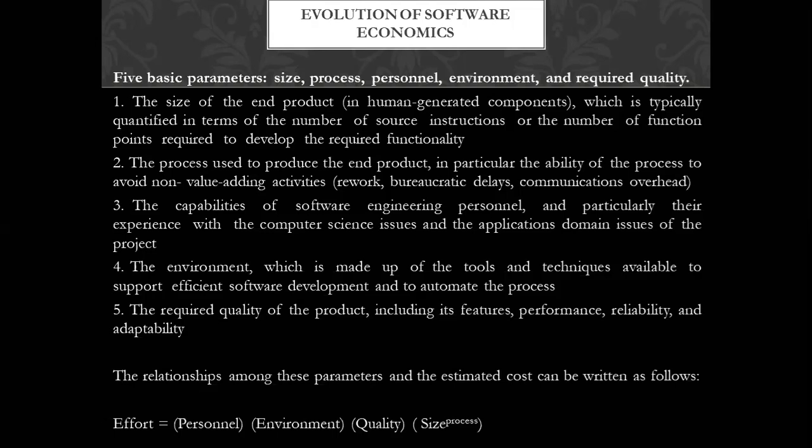The parameters of personnel, environment, quality, into the size of the project raised to the power process. So for right now, you remember just this one.